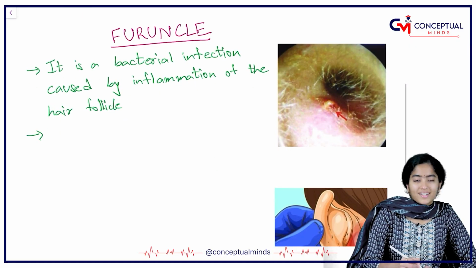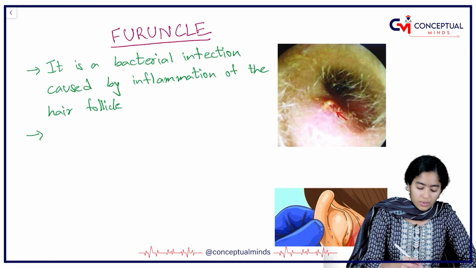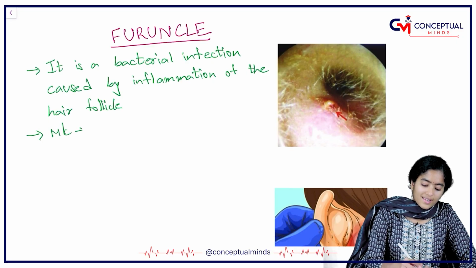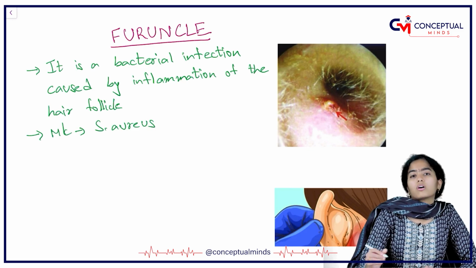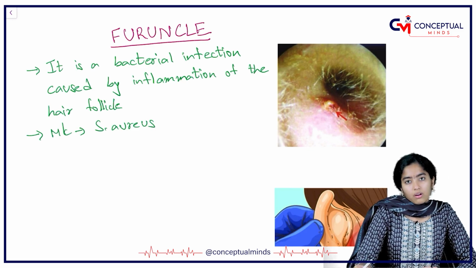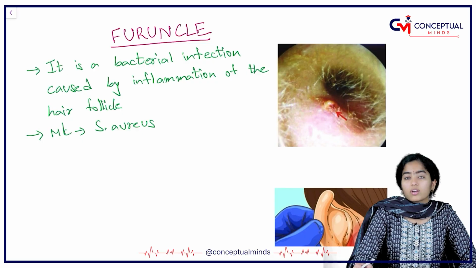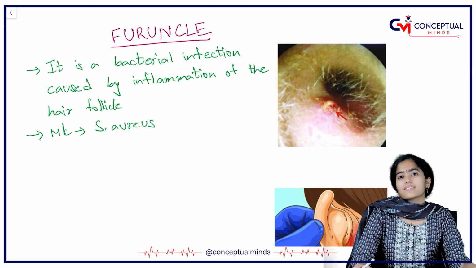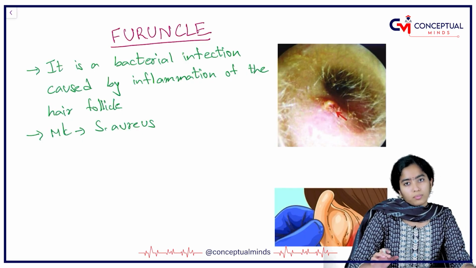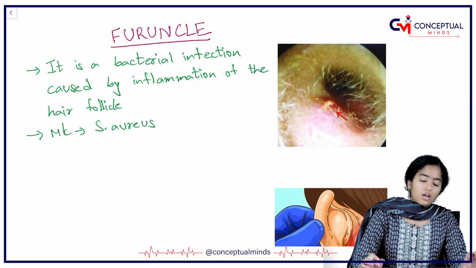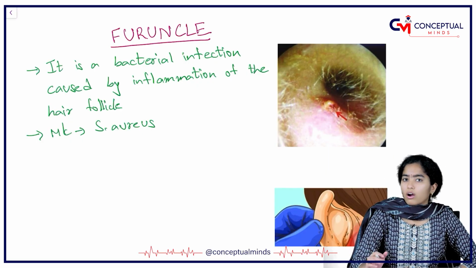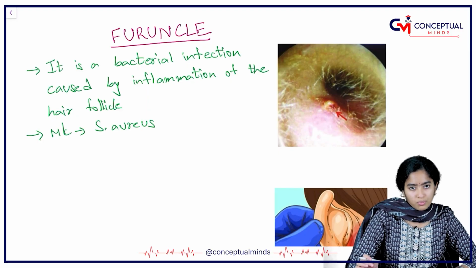Next common point, what is the etiology? Most common organism is Staphylococcus aureus, the most notorious bacteria responsible for most infections and a very resistant one. That is, Staphylococcus aureus is the most common cause of otitis externa, and the furuncle could be single or multiple furuncles are also possible.